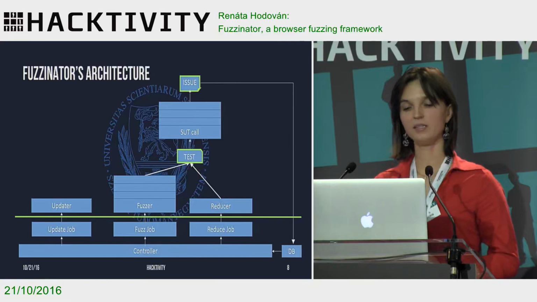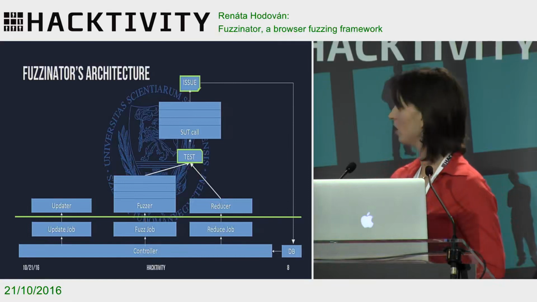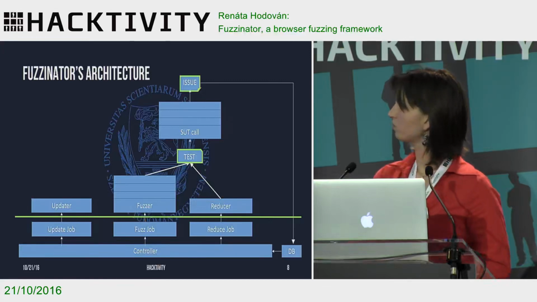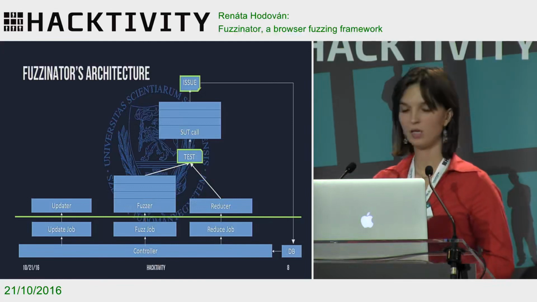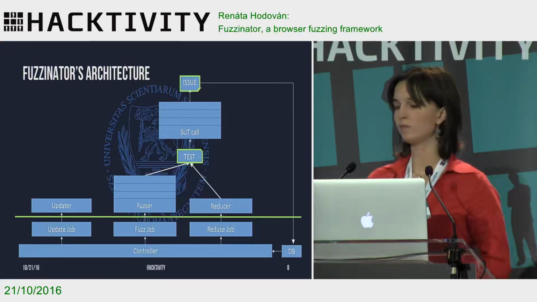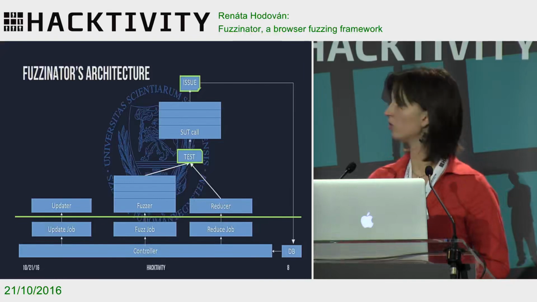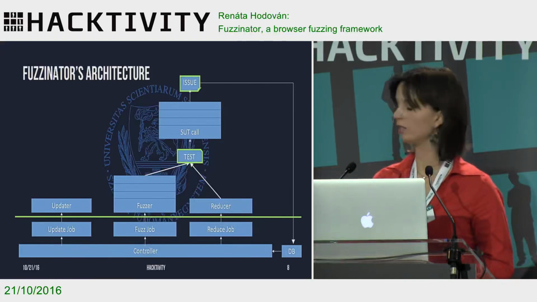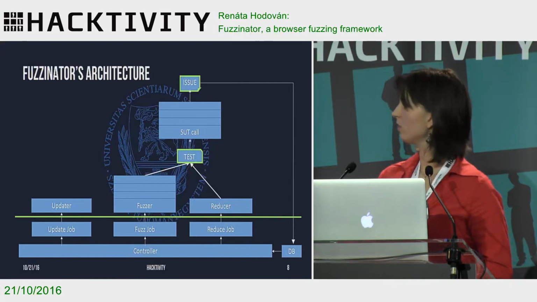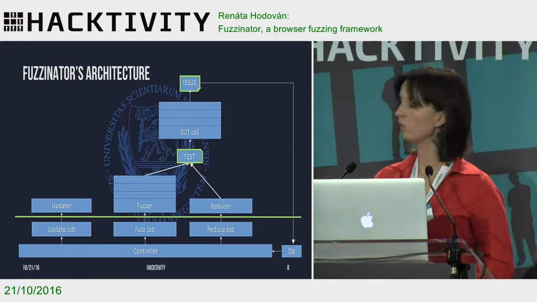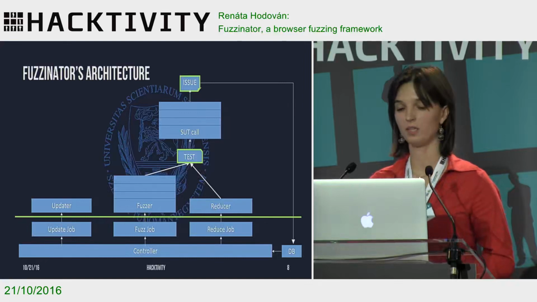So, as I said, basic blocks are here, and these blocks can be used from the Fuzzinator framework, or you can use your own. The only thing is that you have to fit into the minimal expected interface. For example, the fuzzer block needs to provide one or more test cases as an output.